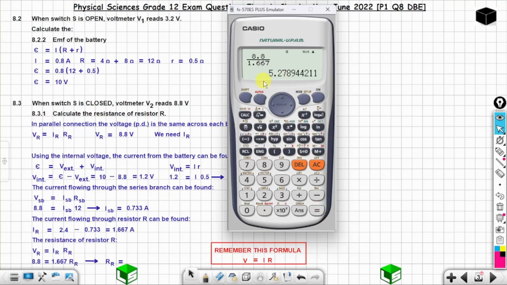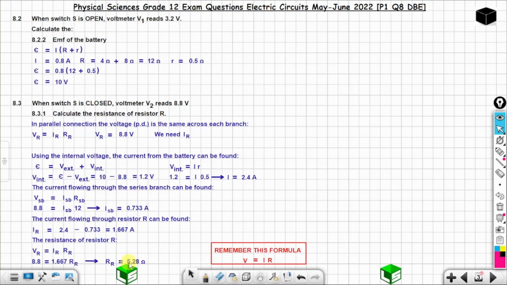You are going to have 5.28 to 2 decimal places. Okay, 5.28 ohms. So this is the resistance of resistor R.